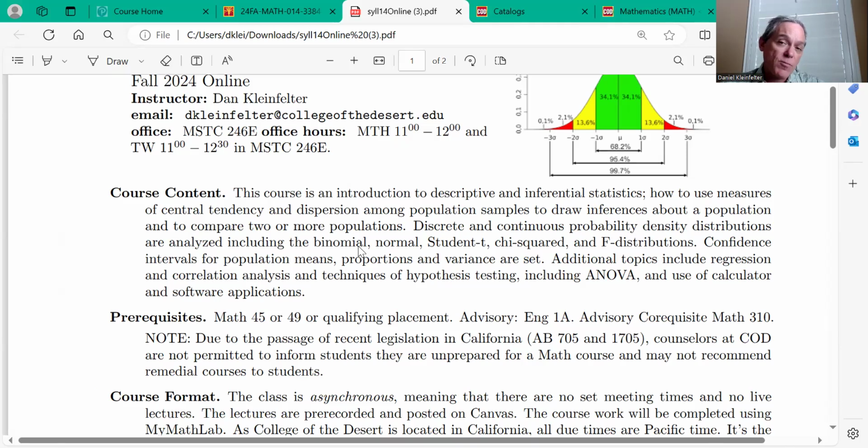And so we talk about probability in chapter 4, which is about chance or likelihood of things happening. And the later parts have to do with making decisions about the population as a whole based on the results of a sample.